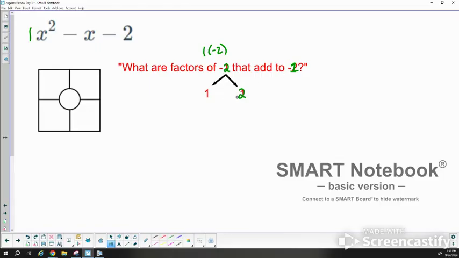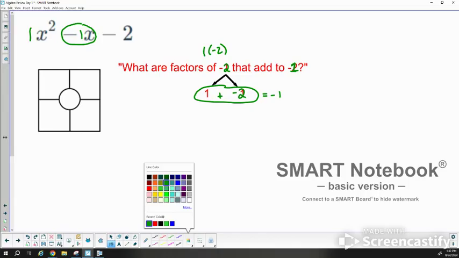Now notice, when they add to a negative, that means the 2 has to be larger. So if I add those up, they will give me negative 1, and that's what we're looking for. Notice, there's always a 1 in front of just an x term.